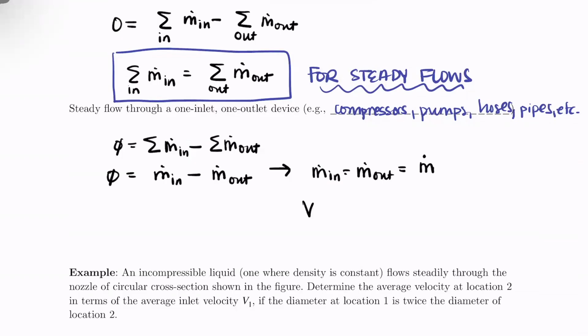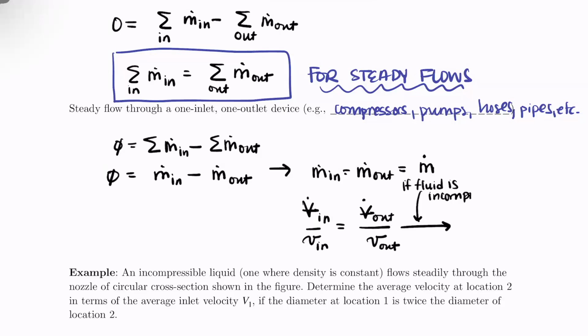This also means that V dot in over specific volume in is equal to V dot out over specific volume out. If the fluid is incompressible, that means that its volume isn't going to change, so our specific volumes at the inlet and the outlet have to be the same.